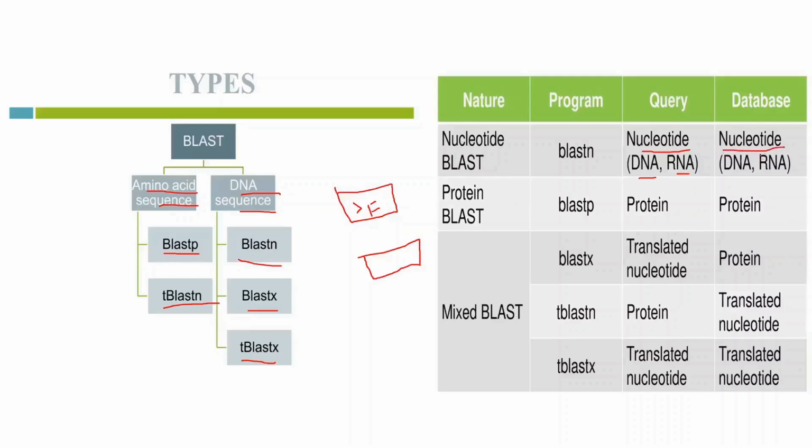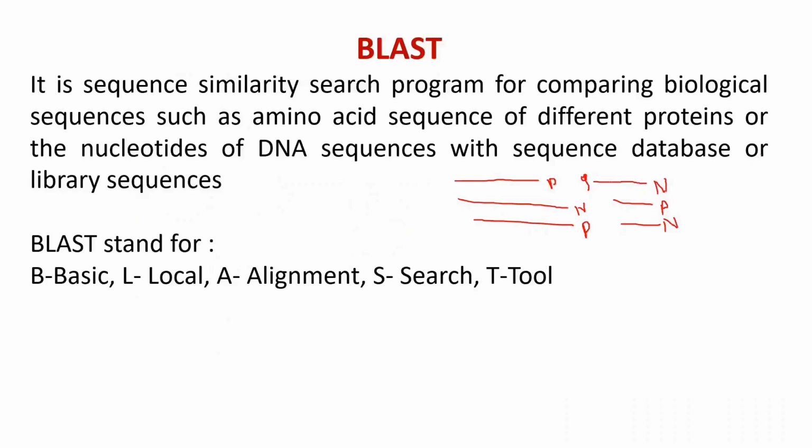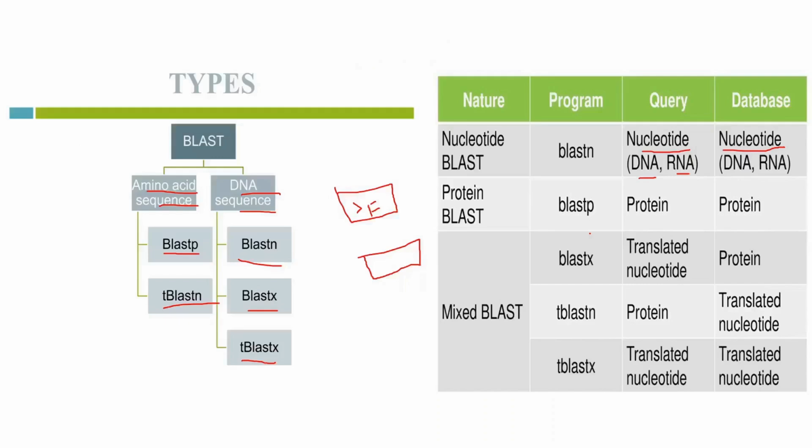In the previous slide I told you that a nucleotide query can be searched against the protein database or the nucleotide database itself, and likewise a protein query can be searched against the nucleotide database or the protein database. Here the program is BLASTN: the query sequence is nucleotide and the database is also nucleotide.